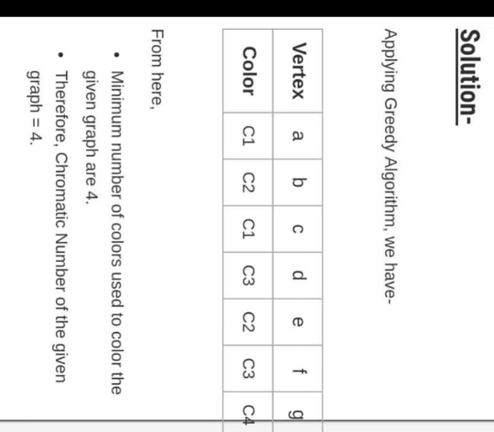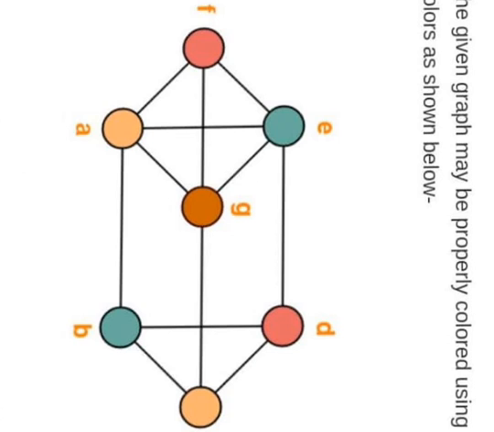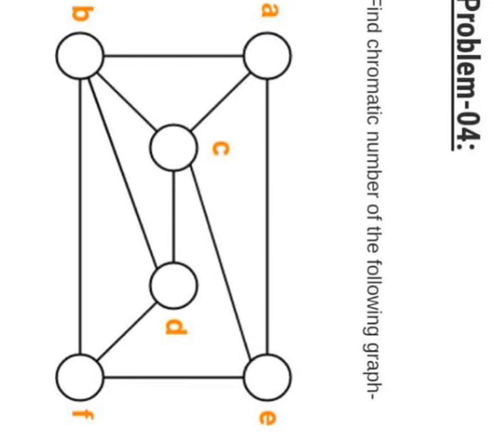The observation for this graph is that the minimum number of colors used to color the given graph is 4. Therefore, the chromatic number of this graph is 4. The graph can be colored according to the chromatic number 4. This is a colored graph.